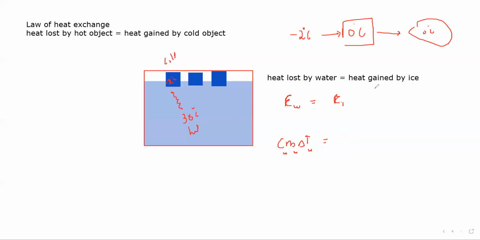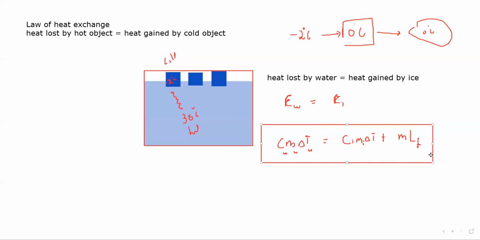So the heat gained by the ice is used first to change the temperature of the ice and then to melt the ice. So first it will be specific heat of ice, mass of ice, and change in temperature of the ice, plus, because the ice will melt, mass times latent heat of fusion of ice. So this will be the equation you will use in this case.